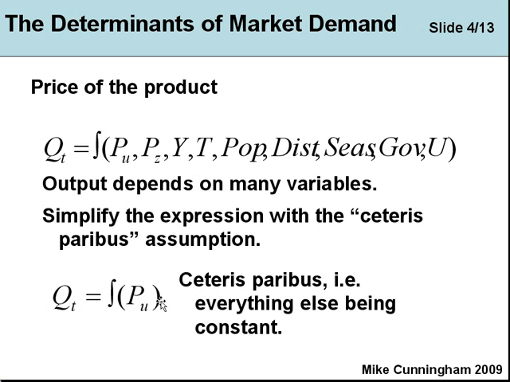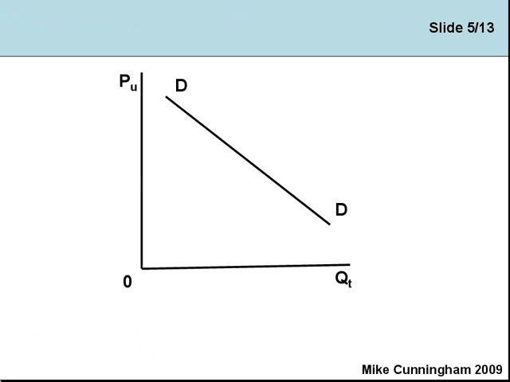So we use ceteris paribus a lot, and it's used a lot in physics and in the natural sciences. Boyle's law, Charles' law, and so on and so on. But it enables us to get two variables here. That's the main point.